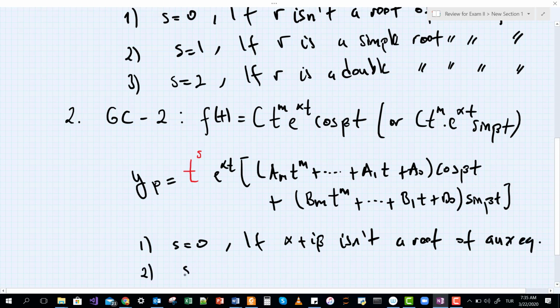Secondly, s is 1 when alpha plus i beta is a root of the auxiliary equation.